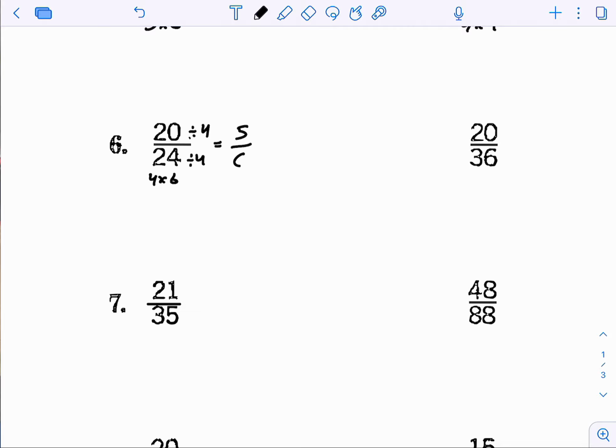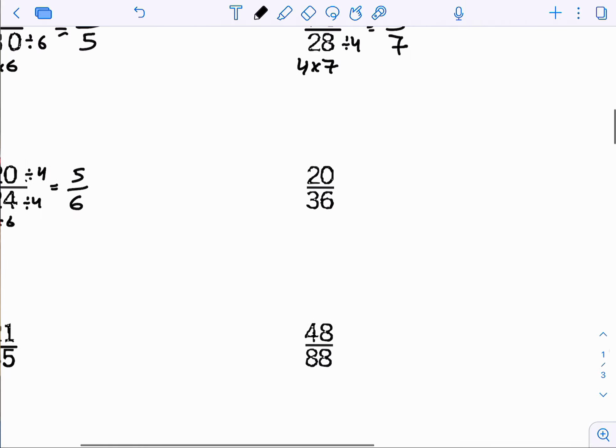It's going to give me 5 over 6. 20 and 36, when I think of 36, I think 6 times 6. But 6 doesn't go into 20. 4 times 9. 4 goes into 20, so divide by 4. Okay, so then that gives me 5 over 9.